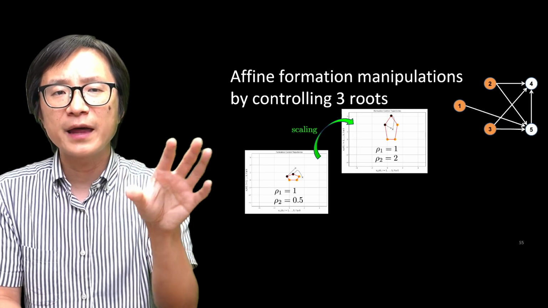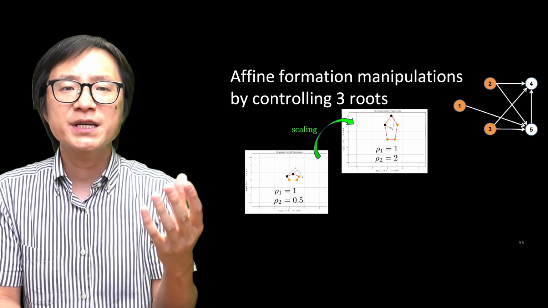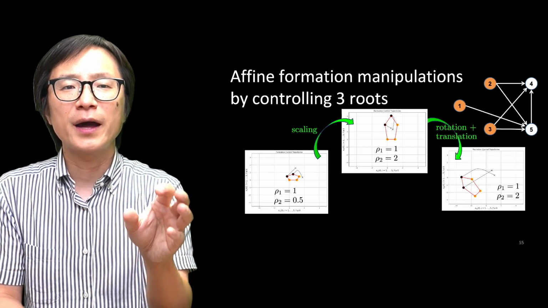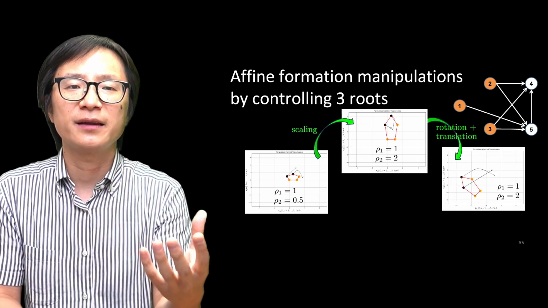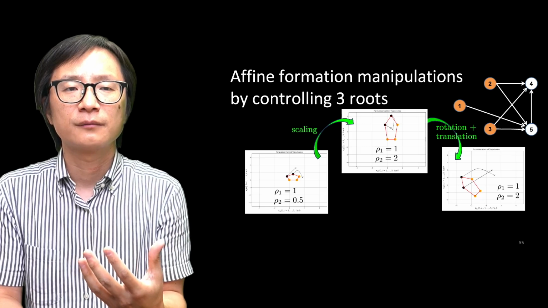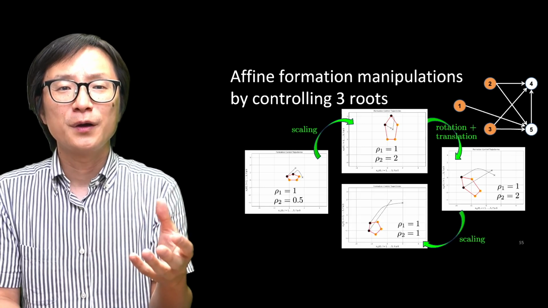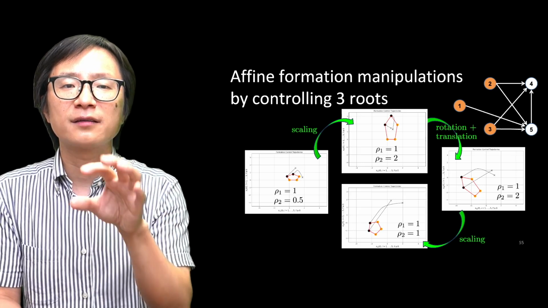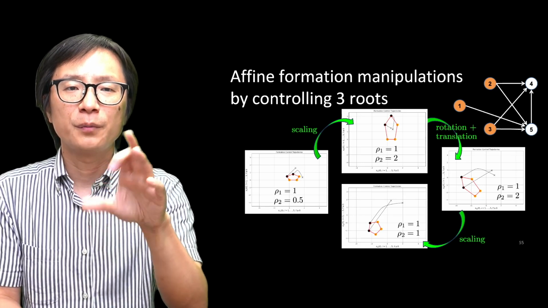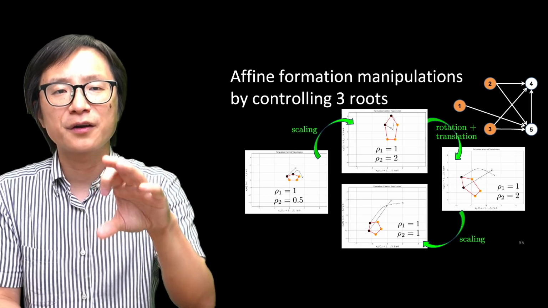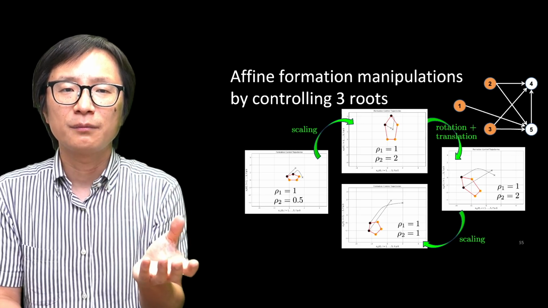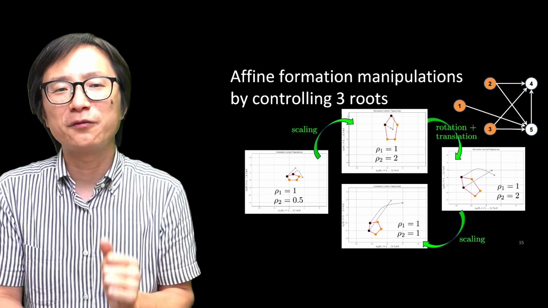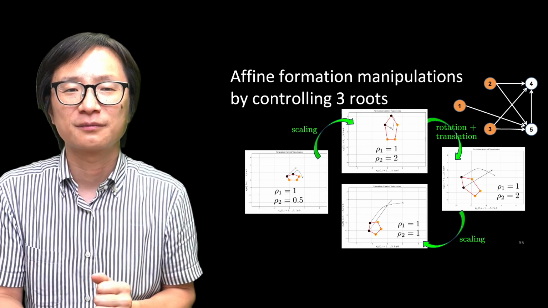We can also keep that ratio, but rotate and translate the 3 roots so as to rotate and translate the entire formation. We can also adjust the relative positions of the 3 roots so that both the horizontal and the vertical ratios are the same. By this, we can see that affine formations include similar formations as a special case.